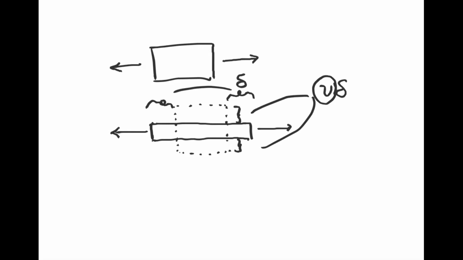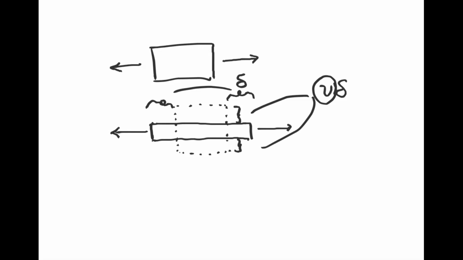So nu is a coefficient or a proportional factor which states how the object deformed in the perpendicular direction to the force. Okay, so for example, in steel, we have a Poisson's ratio of 0.3.